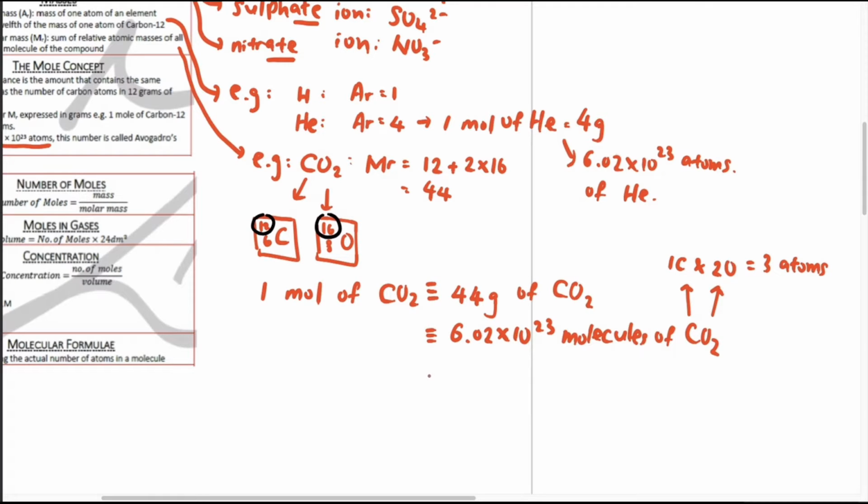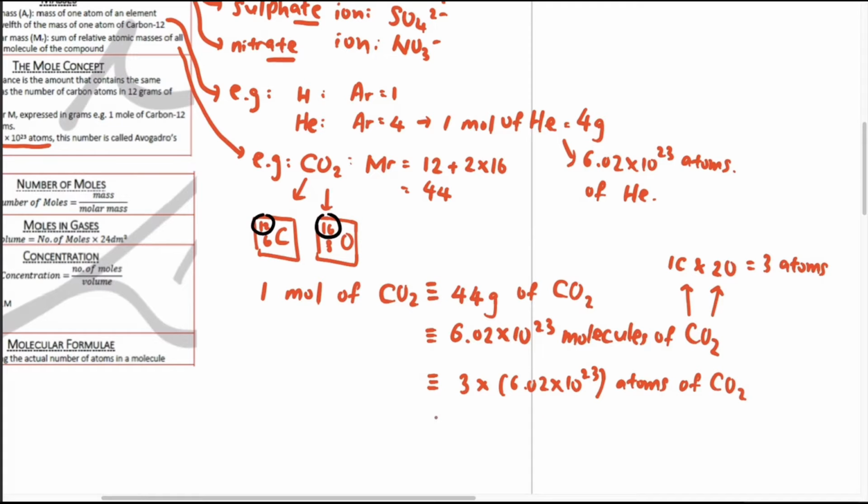Because of that, if I want to find out how many atoms there are, I have to take 3 multiplied with 6.02 times 10 to the power of 23 atoms of carbon dioxide.